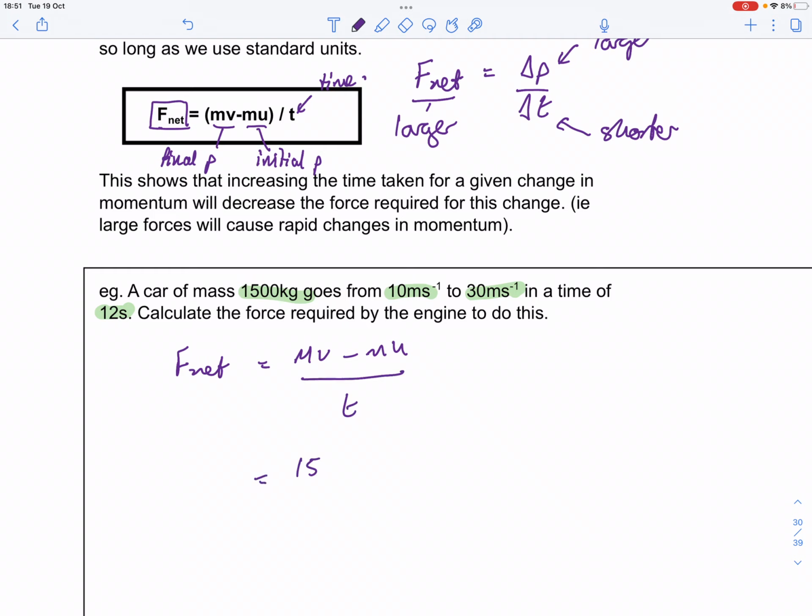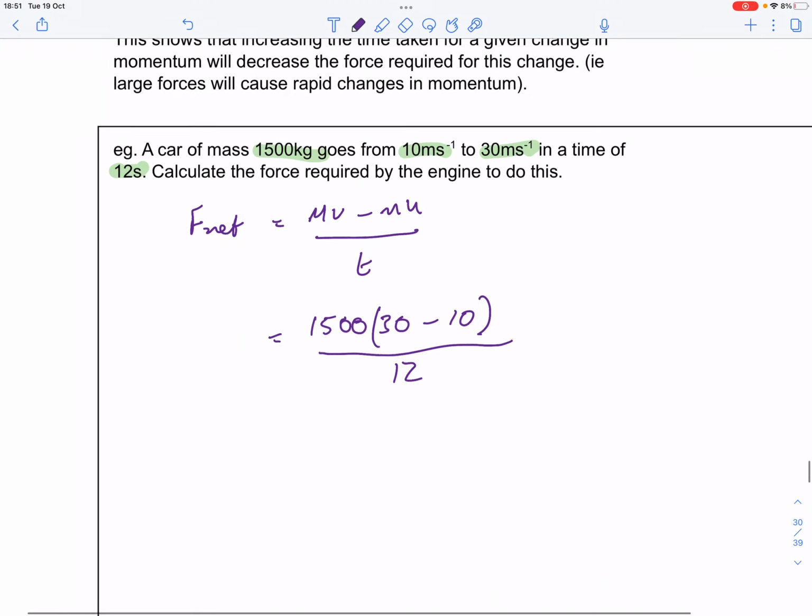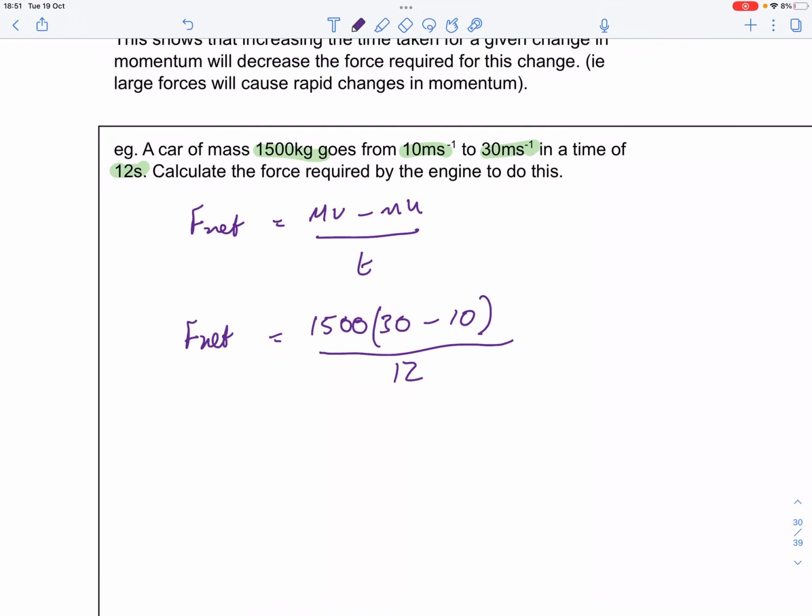So we're going to have 1500, I'm going to factorise here. V is 30 because it speeds up to 30 from 10 meters per second. There's no change in direction. It's going in the same direction for both, so there's no worry about the signs, and that is going to take 12 seconds. And that then is going to give us the net force.